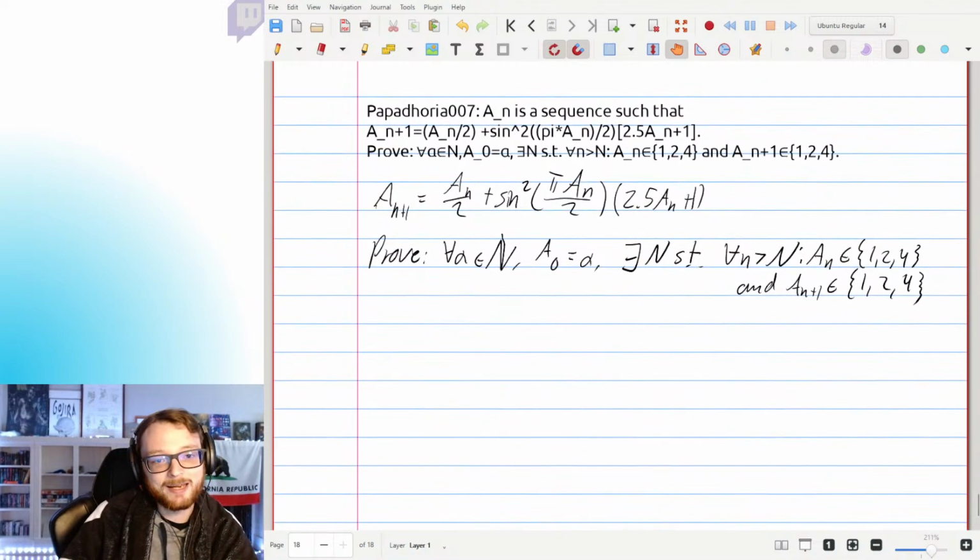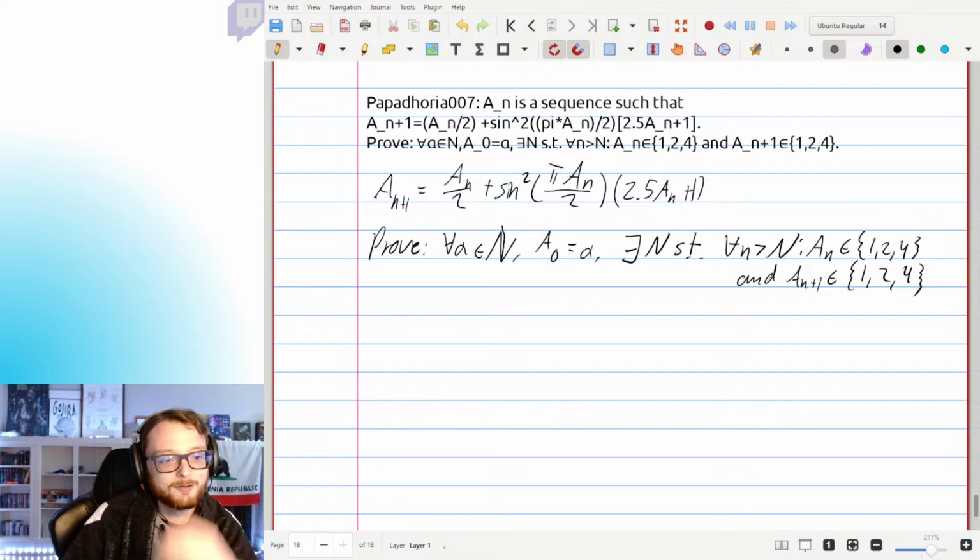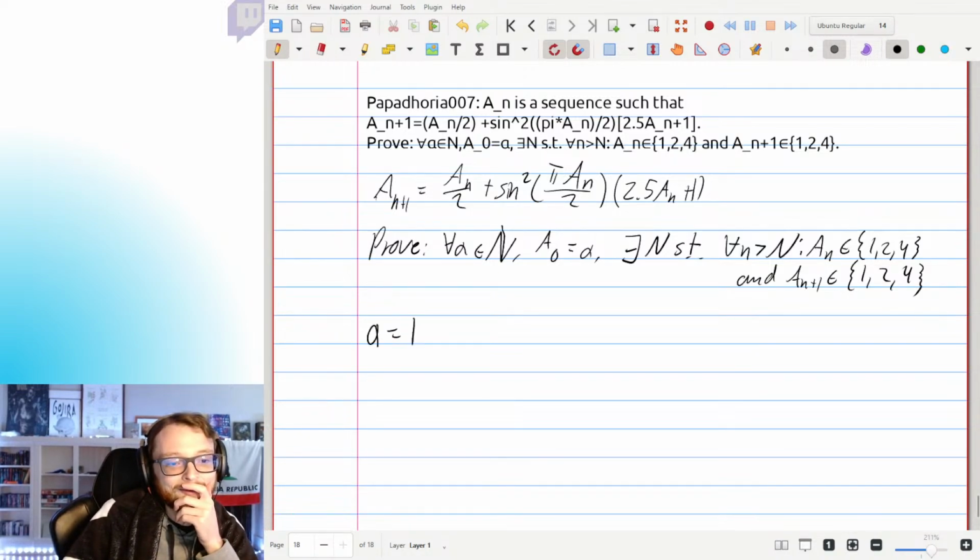Okay, the chance that I can actually solve this is like, I would give it a 10 to the negative 10 chance. But let's at least explore and play with it a little bit. If we take alpha equals 1, what happens here? Is that a sub n plus 1 or a sub n plus 1?